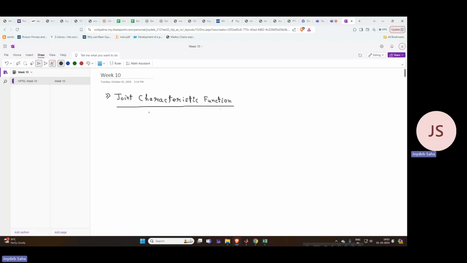Okay, so let us discuss joint characteristic function. We consider two random variables, x and y.